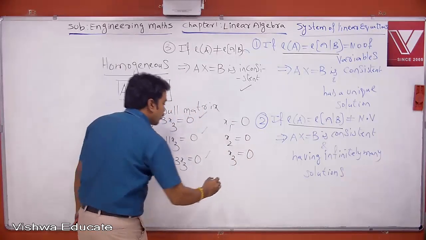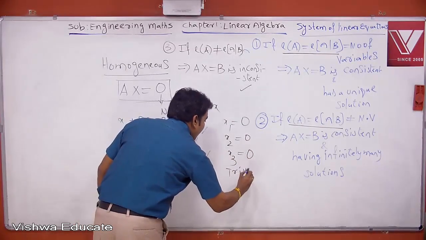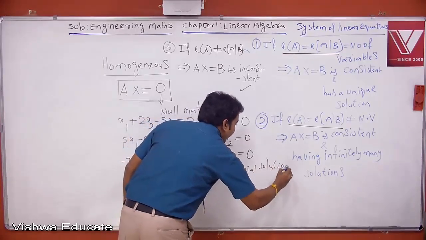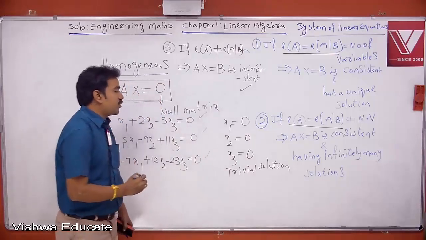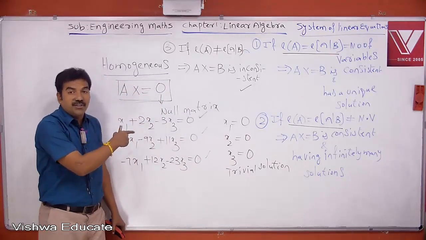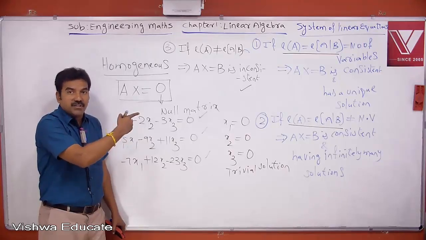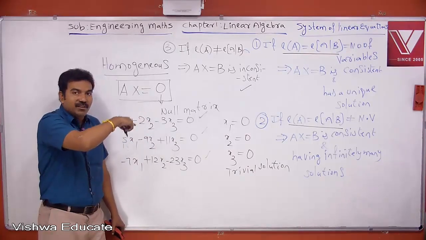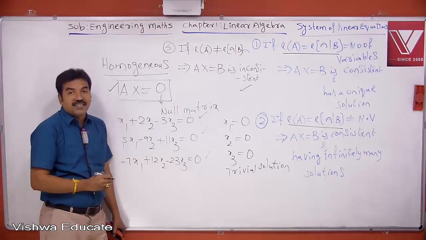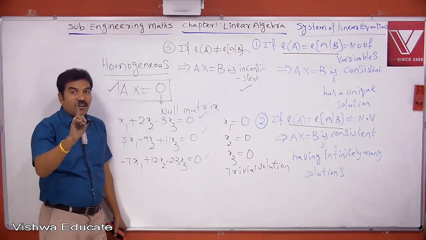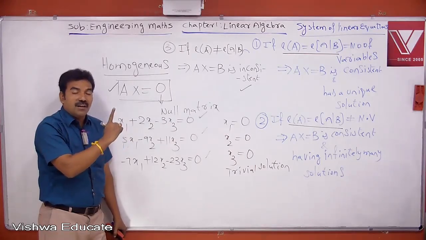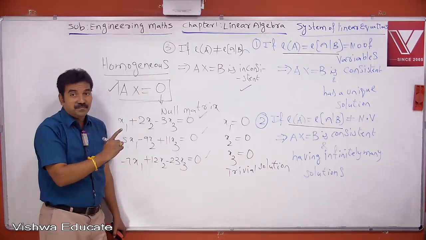And this solution is called a trivial solution. Trivial solution means silly solution. Without putting in any effort, we got the values of x1, x2, x3. Irrespective of the coefficients, when you replace x1 by 0, x2 by 0 and x3 by 0, they fulfill all the equations. Therefore, whenever you consider a homogeneous system, it is always consistent because it has at least one solution, where all variables are equal to 0, and that is called a trivial solution.